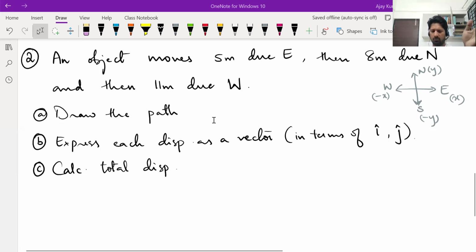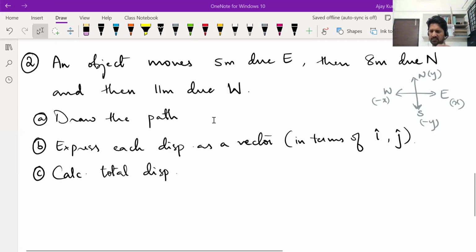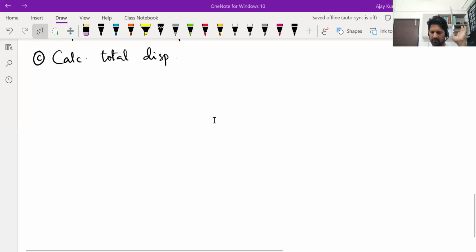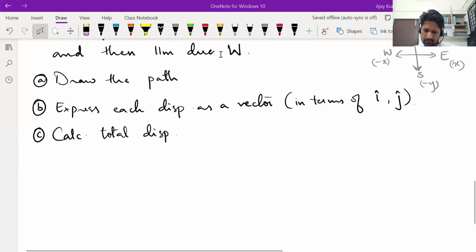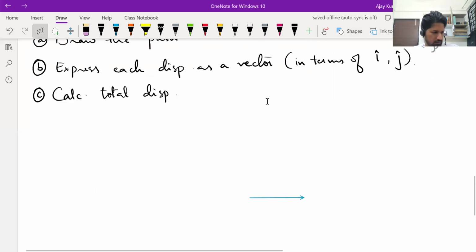I hope all of you have drawn the path. 5 towards east, 8 north, then 11 west. 5 towards east will be towards right, so maybe somewhat like this. Then 8 meters due north.